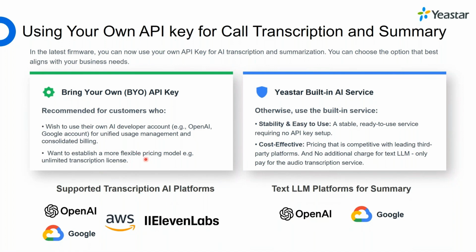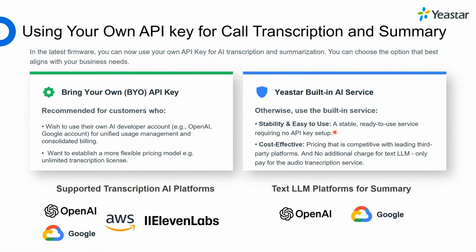But if some customers want unlimited transcription, you can use this one to build it, but you need to monitor the usage and bill the customer based on your token consumption.